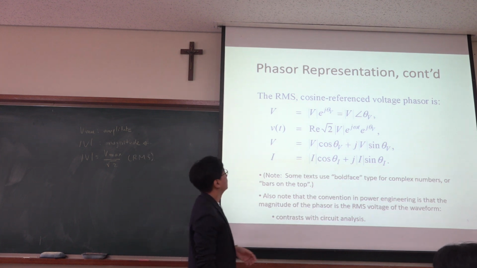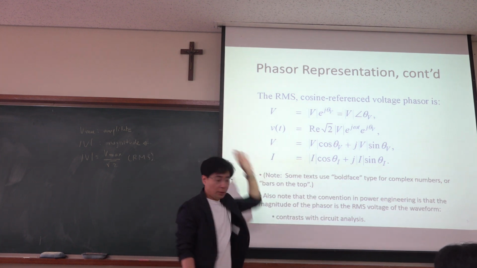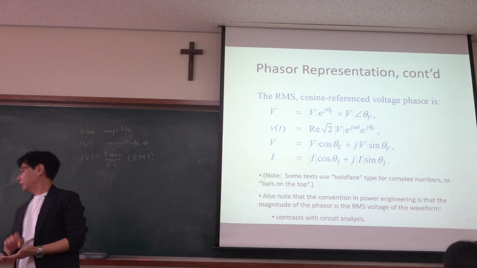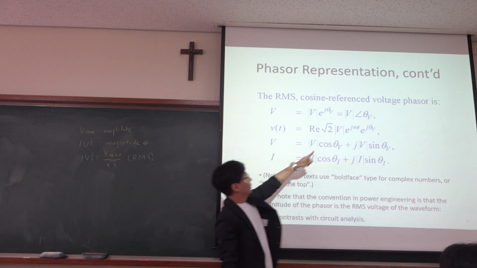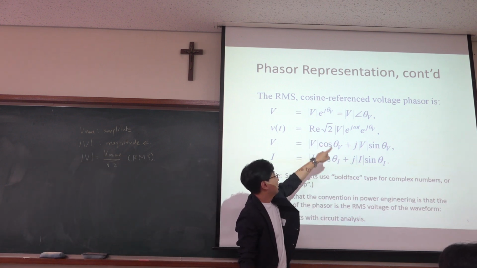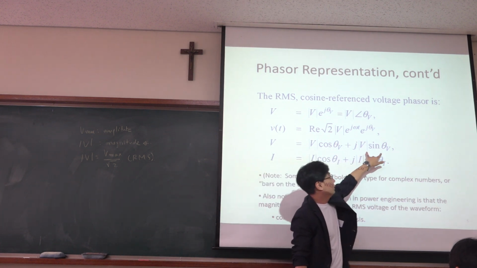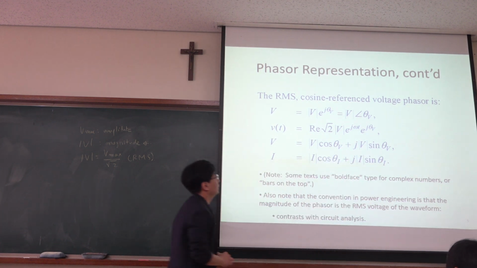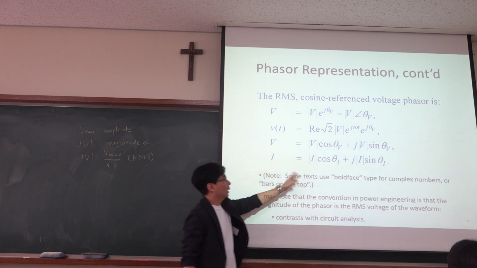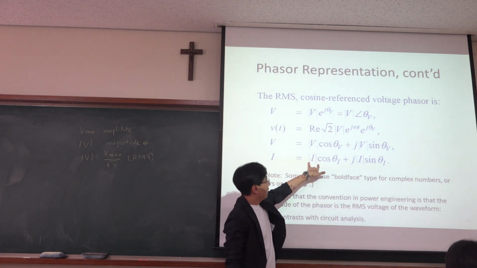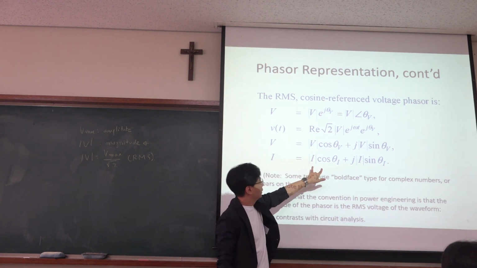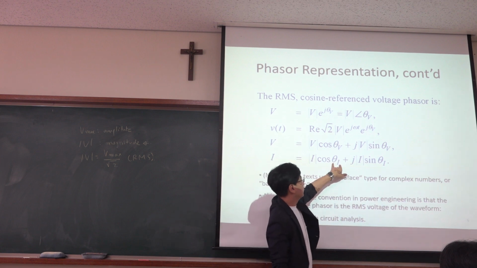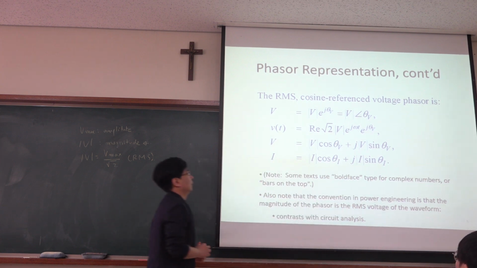So that is a complex number, and we have a real part and an imaginary part, obviously. Similarly, the current can be defined using a phasor, using the magnitude of the current and the angle of the current, like that.